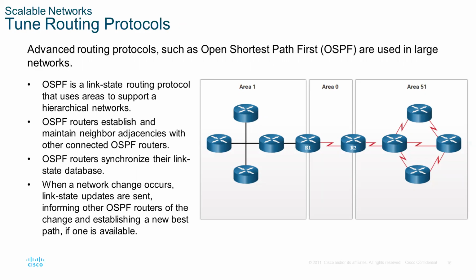This allows us to scale networks, and all we've got to do is add another area that connects into area 0, and we can continue to scale our network as we grow.